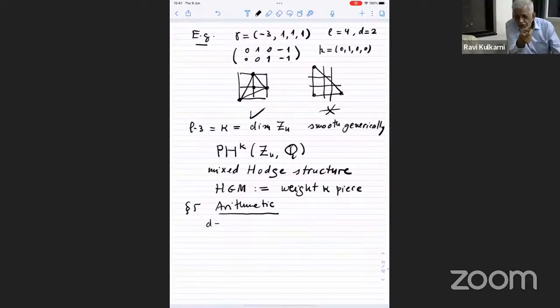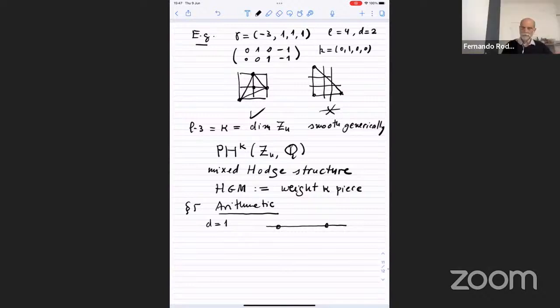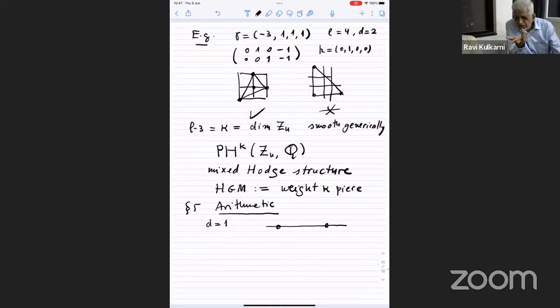When D equals 1, then kappa is 0. So what we have is that the mixed Hodge structure is going to be of weight 0. In fact, those are interesting cases. So D equals 1.